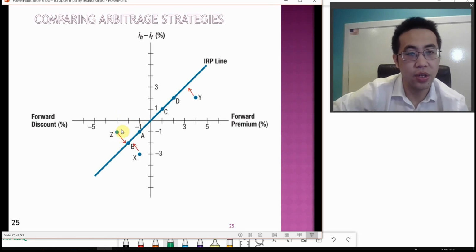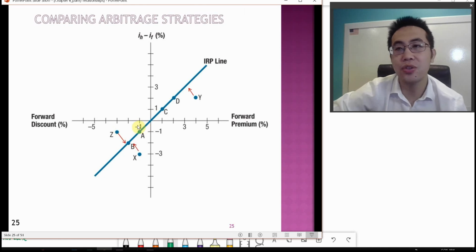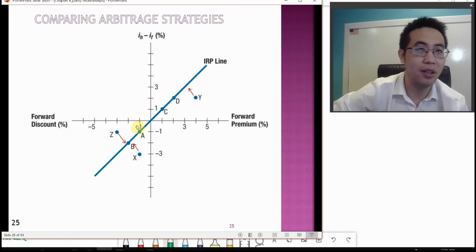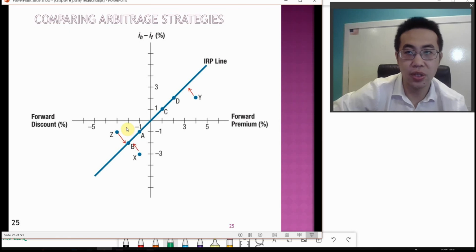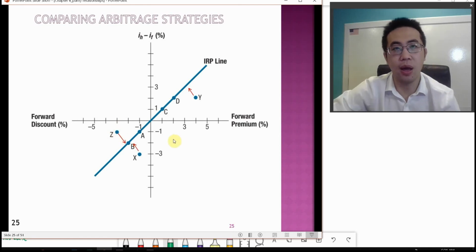You see, the home interest at point Z is negative 1%, and the forward discount is negative 3%. So home interest is good, it's better than the other factors. So the U.S. money will stay home, and foreign capital would flow to the U.S. and that again affects all the rates and eventually pushes the deviating point back to the equilibrium line.